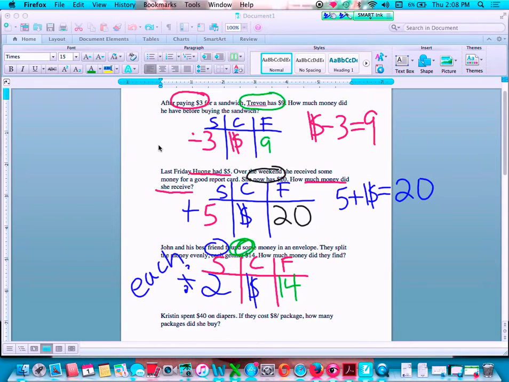They split the money evenly, each getting $14. So I know that's going to be division, so I have to do the opposite. So what you're looking for here is your equation: the money that they found divided by 2 is going to give me 14. Okay? So that's the first 3 that are set up.